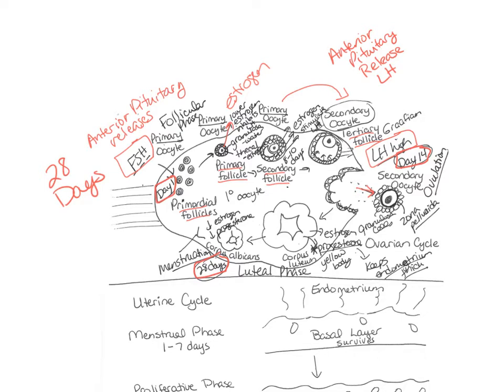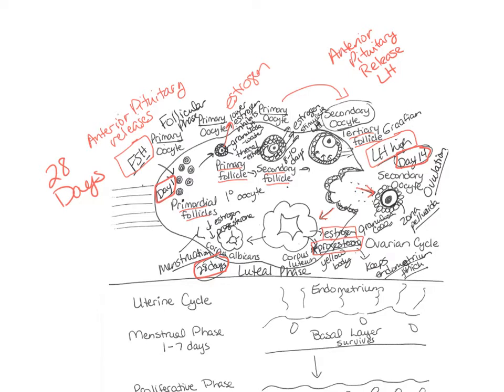Those follicle cells then will produce a structure called the corpus luteum. The corpus luteum is an endocrine structure that releases the hormone progesterone. It also continues to release small amounts of the hormone estrogen. If fertilization occurs, the corpus luteum will stay intact and will continue producing progesterone and estrogen until the placenta is formed.